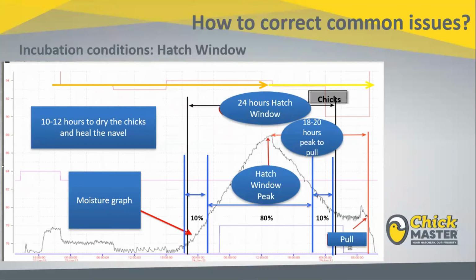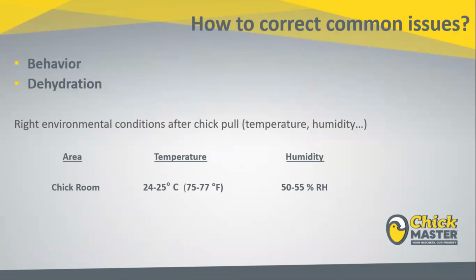And the chick pull should be from 8 to 20 hours from the peak of the humidity to avoid any dehydration or early pull of chicks. Concerning behavior and dehydration, as we said, the room conditions also have an influence on chick quality, especially if chicks spend a long time in the hatchery after the chick pull.